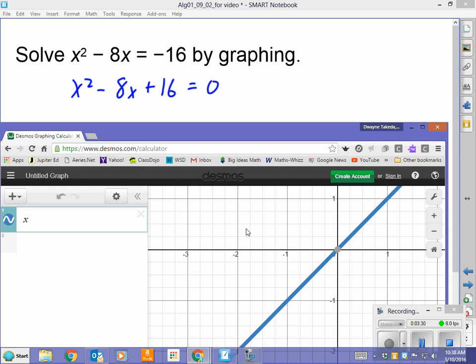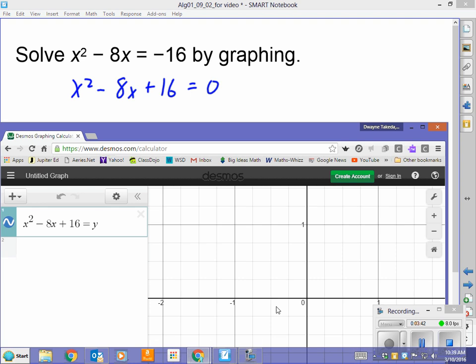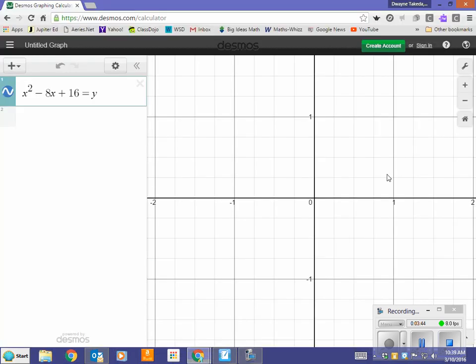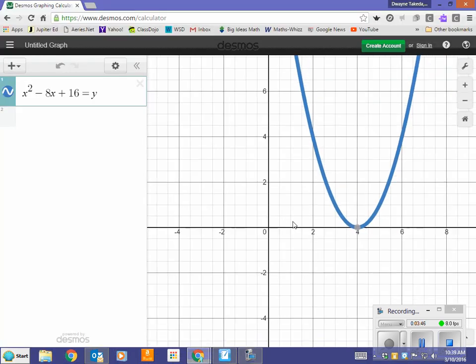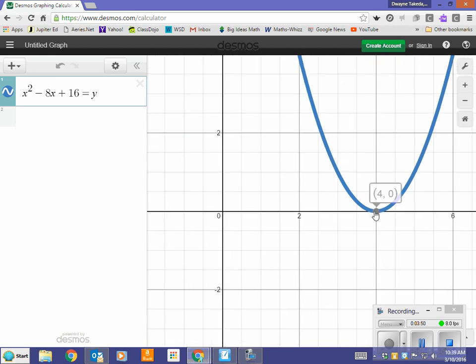So x squared minus 8x plus 16 equals y. You don't really need the equals y. Here we go. Now in this case, I've only got a single solution, 4. The vertex is on the x-axis, so there's only a single solution.